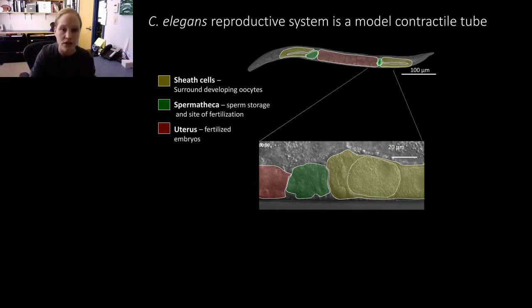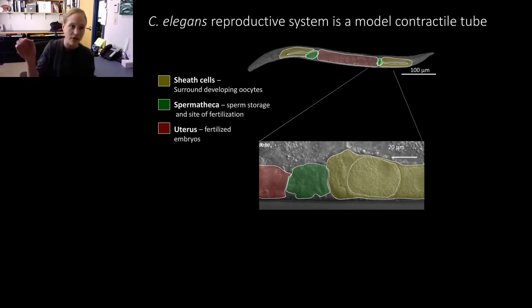It is composed of two U-shaped gonad arms, shown here and here, that come together into a common uterus in the center of the animal. During the reproductive life of the animal, the oocytes develop in the distal gonad, which is shown here.